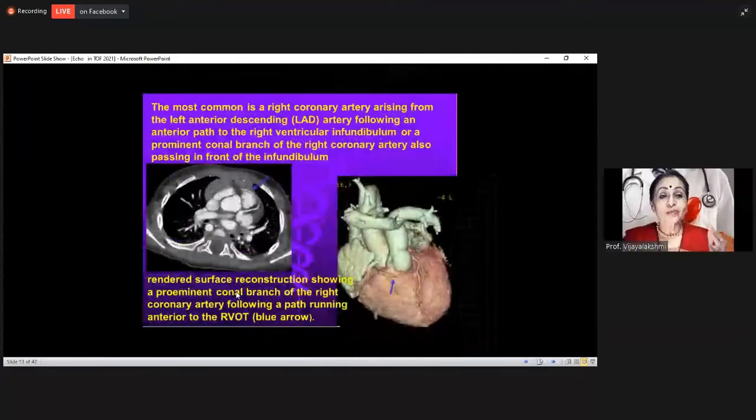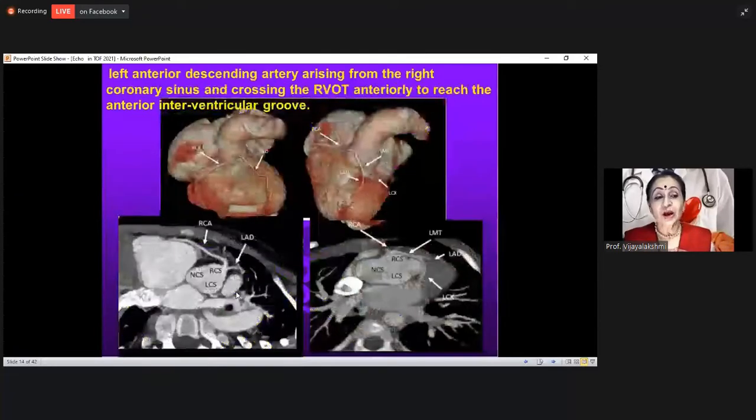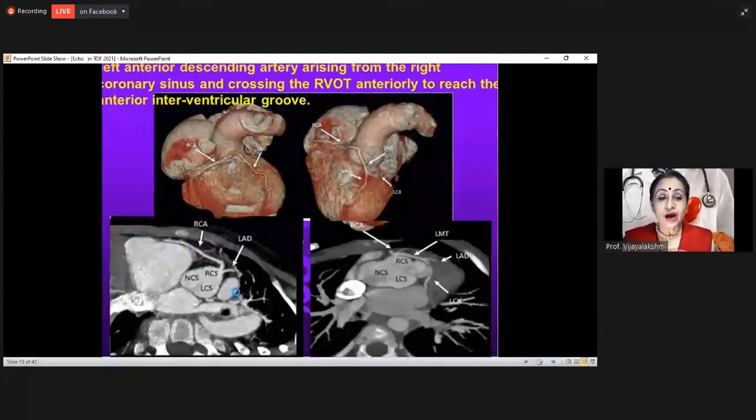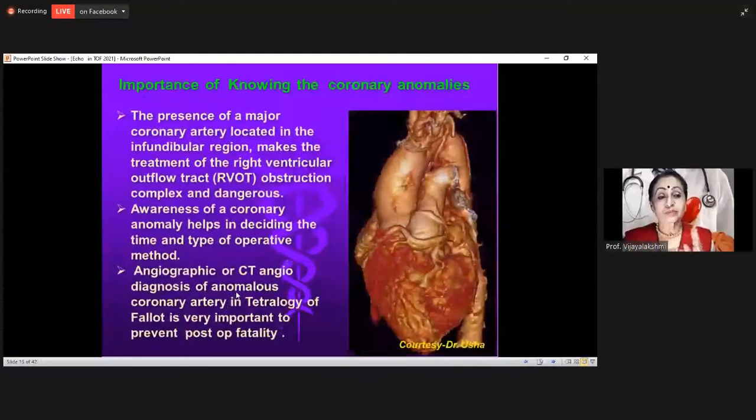The most common is the right coronary artery arising from the left anterior descending artery and following the path of the infundibulum. And with the volume rendered reconstruction, we can nicely see how it is crossing the RVOT. So the volume rendered reconstruction images are much better.